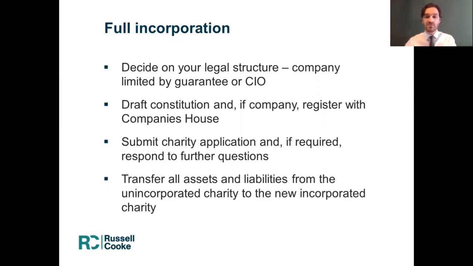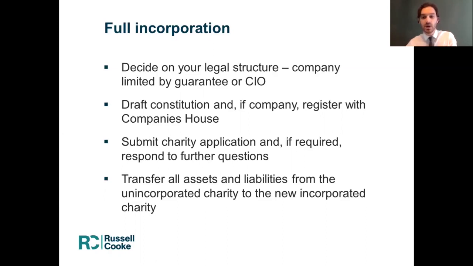In practice, there isn't really any significant difference between the two. But nevertheless, we have found that there is sometimes a perception, particularly from prospective trustees, so it may assist to have the simplicity of just being a CIO when you want to attract trustees in future.